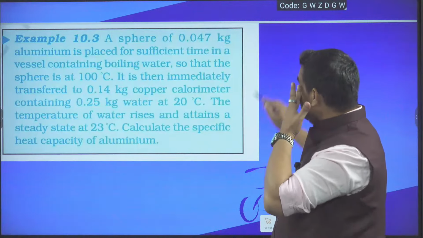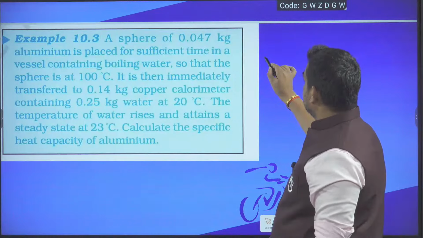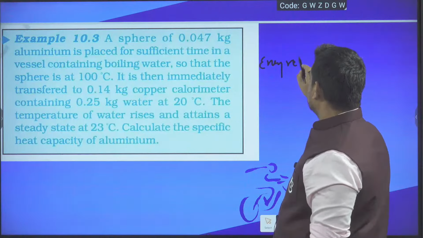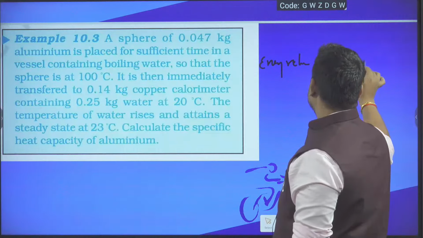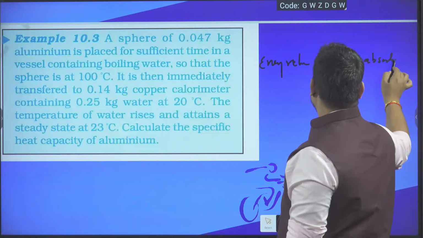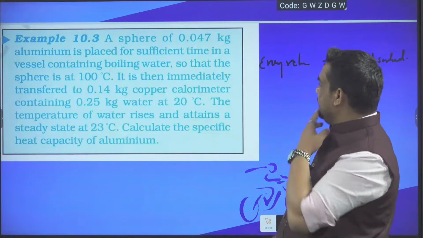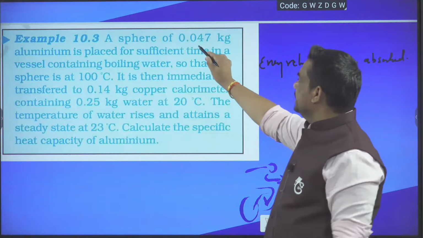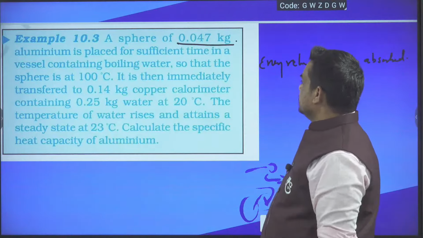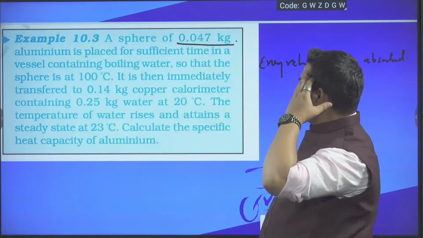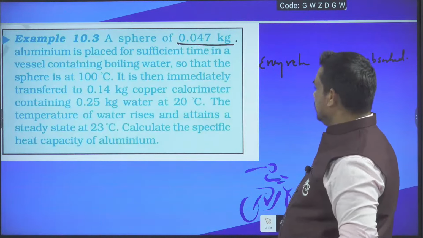So energy released equals energy absorbed. This is the principle we'll use. Who will release the energy? It is the aluminium.